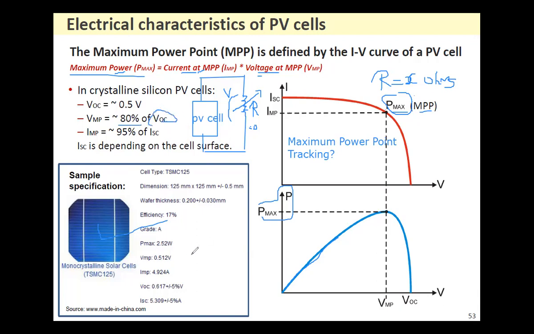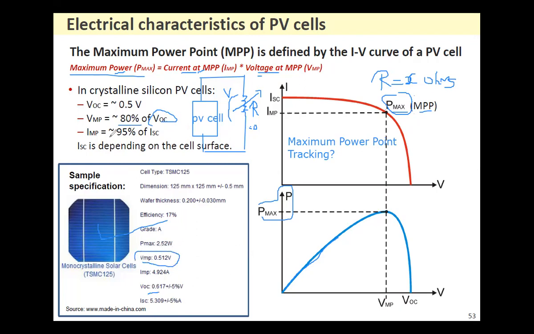So this cell has the open circuit voltage of 0.617 volts, and at the maximum power point, the voltage is 0.512.